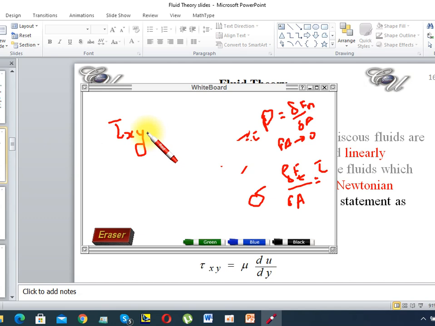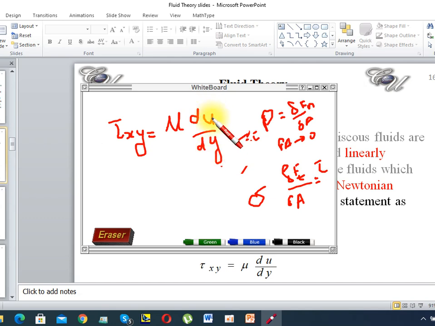So as we have mentioned this relation, and actually what is this relation? This relation is called Newton's law of viscosity, and I can write this du by dy, okay, because this change occurs in the y direction, so that's why we have this one. If this occurs in the x direction, then this will be x. So the change in velocity with respect to y.